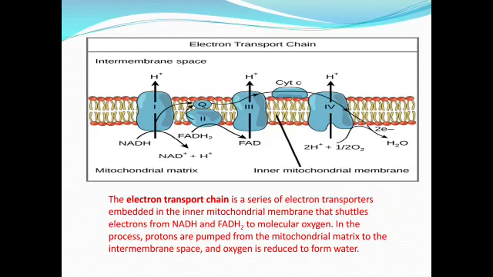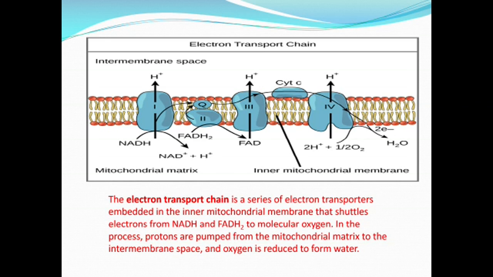What we are able to understand is that glucose in the presence of oxygen produces carbon dioxide, water, and lots of energy in the form of ATP. Got it? ग्लूकोज जो हमने शुरू में देखा था ग्लाइकोलाइसिस में, अल्टीमेटली लास्ट में क्या बना? कार्बन डाइऑक्साइड, वाटर.